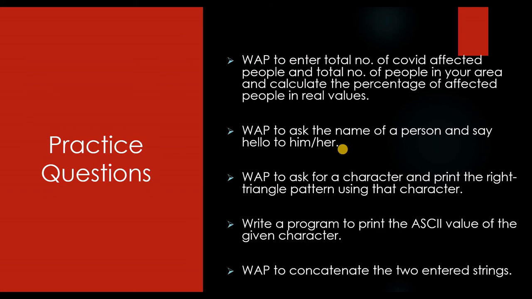The character will be a user input. And just as we printed the ASCII value, you are supposed to print the ASCII value of the entered character. The next is, write a program to concatenate the two entered strings. We already did this, but you are going to practice this and with more complicated stuff like putting spaces in between, commas, full stops, and whatever you could do, explore the things.